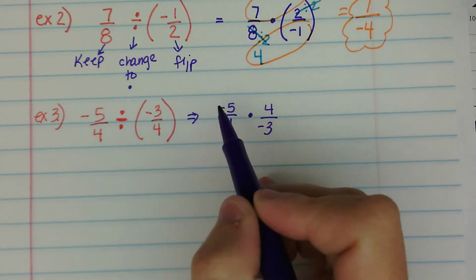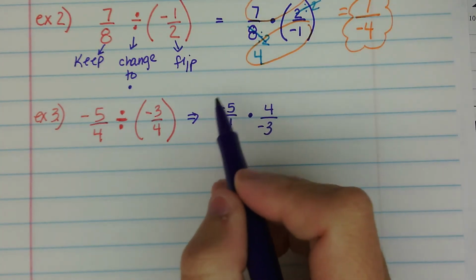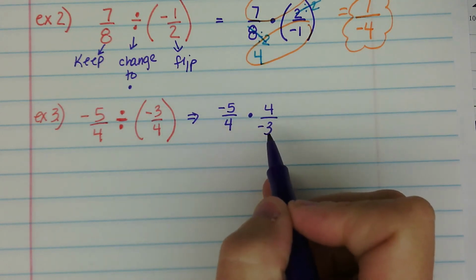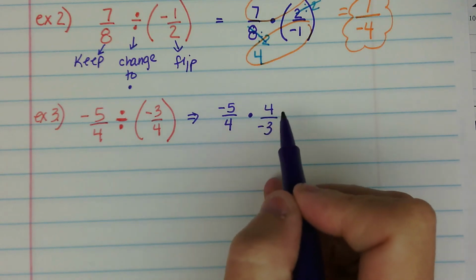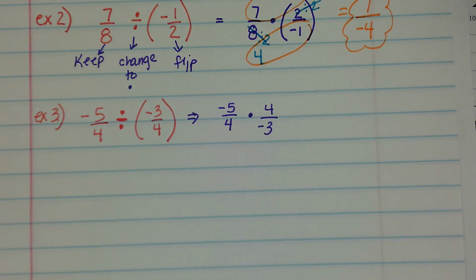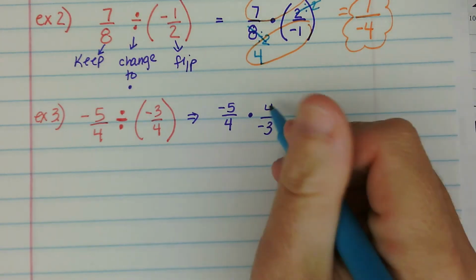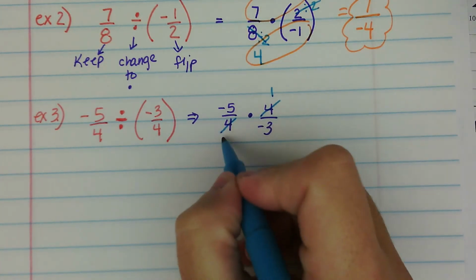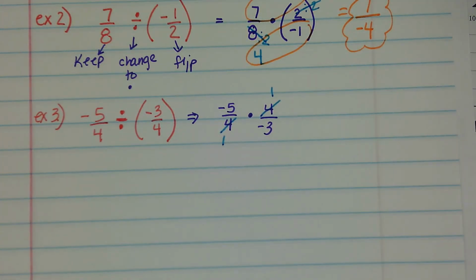I'm going to take a look and multiply, but I'm going to check, do I have a common factor or any multiples of 5 in the bottom? No. Do I have a common factor or multiples of 4 on the bottom? Yes. I do have a common factor of 4, so I'm going to divide top and bottom by 4, and anything top and bottom that you get becomes a 1. Then we need to take a look at the last part, and that is multiplying across.